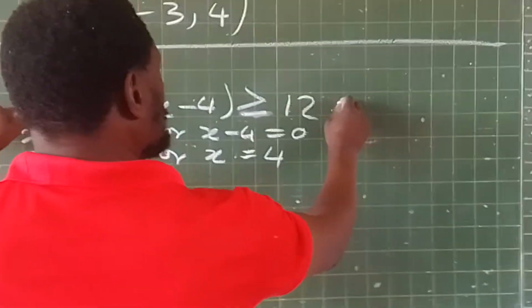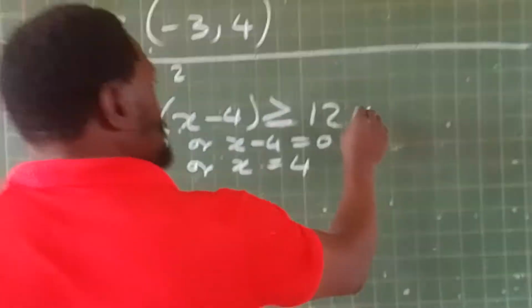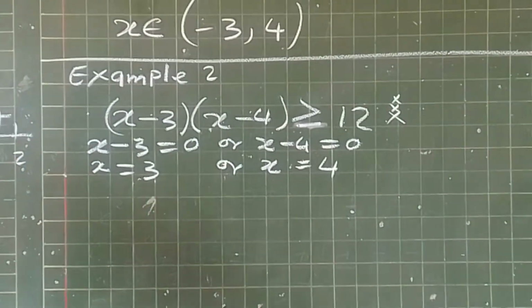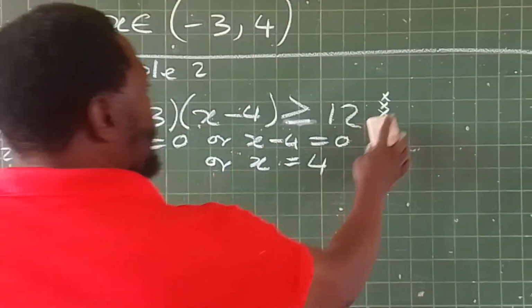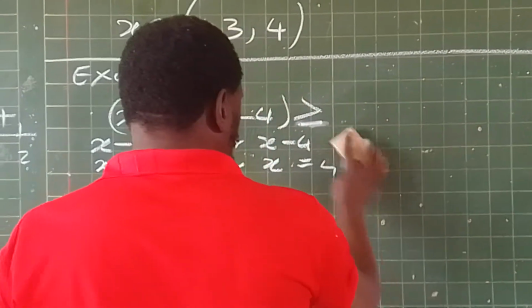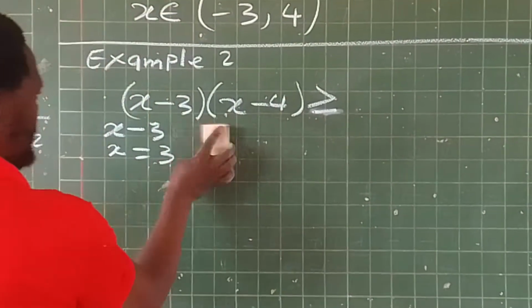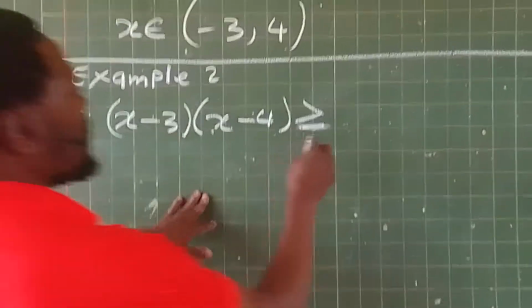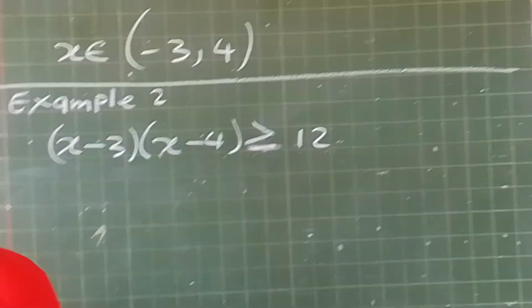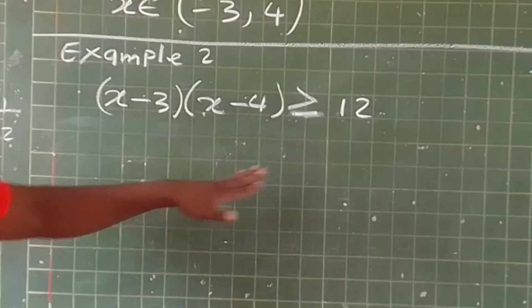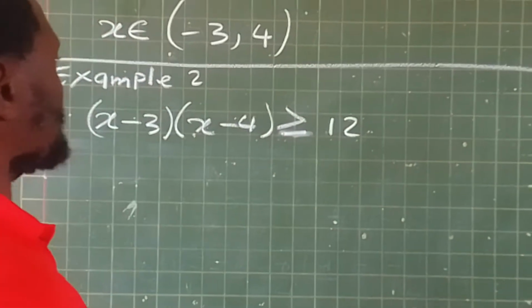Alright, we did not include this 12. That's where we have gone wrong. Let's start including our 12. Right, let's take our 12 here. It's 12, isn't it? Yes, it's 12. Now, we take this 12 on that side.